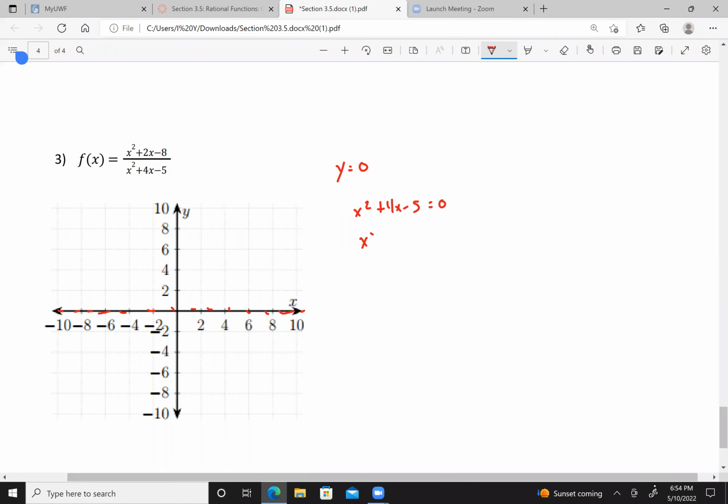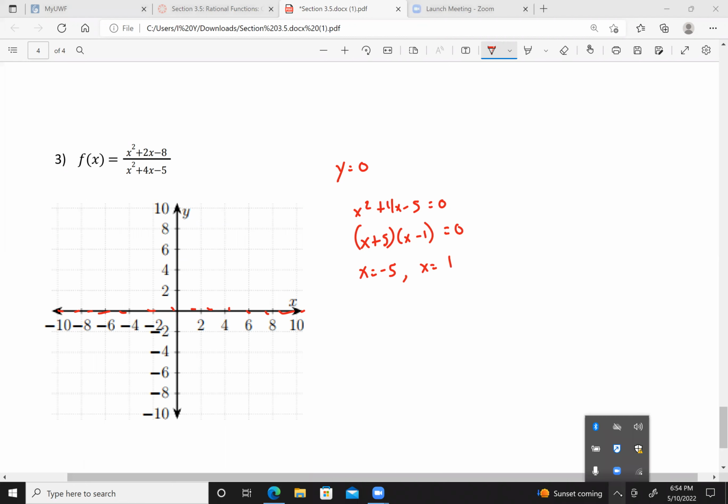This is x plus 5 times x minus 1. So x equals -5, or x equals 1. So I have one at -5 here, and I have one at 1.